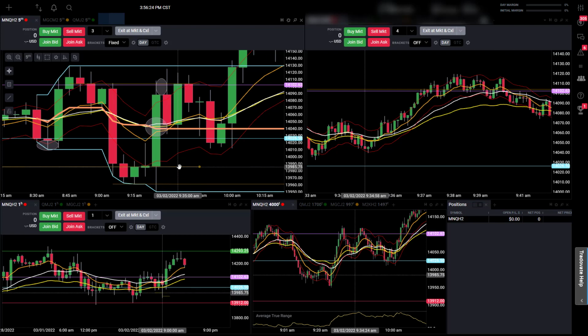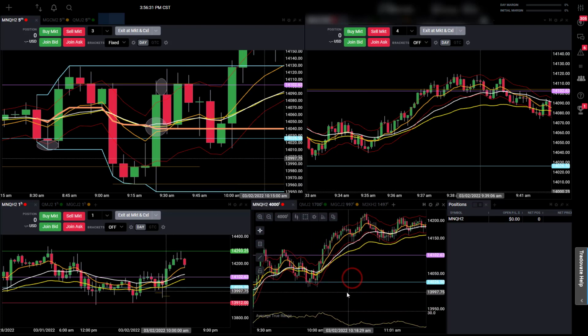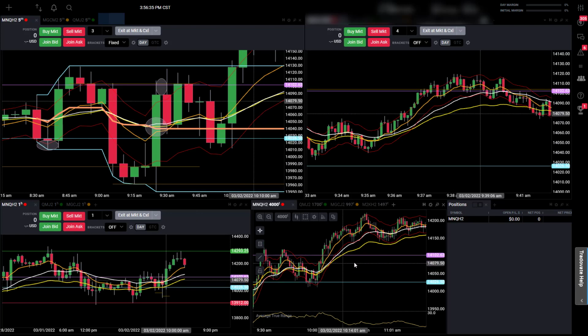But I'm momentum long now, though. That's the one thing I want to mention. And the one reason for that is because the big tick chart has turned momentum long. So the big tick chart now is solidly momentum long.